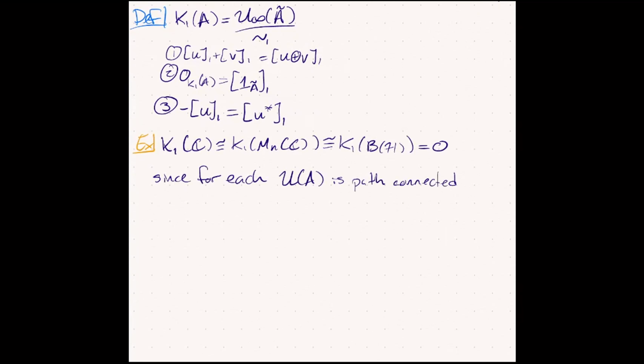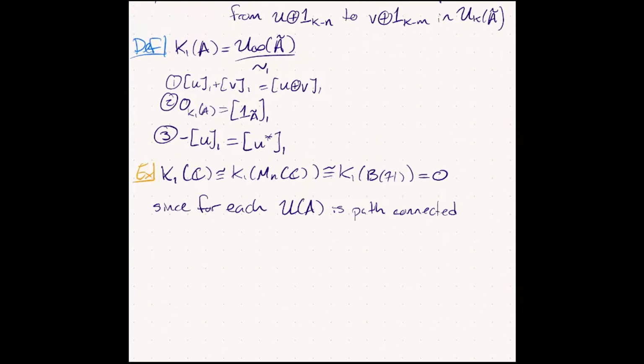So all of the unitaries are homotopy equivalent, which means that we have the trivial group. Okay.